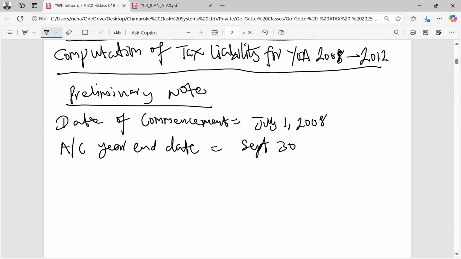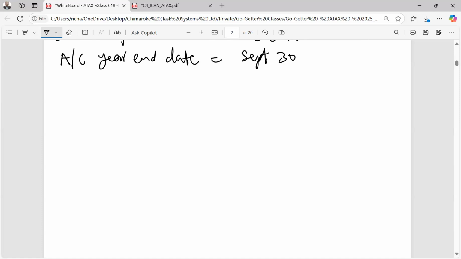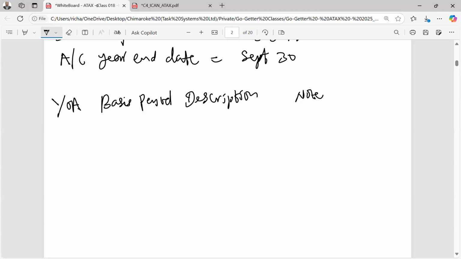We will now look at the first year. So I'll arrange it this way: year of assessment, basis period, then description, notes, and amount.